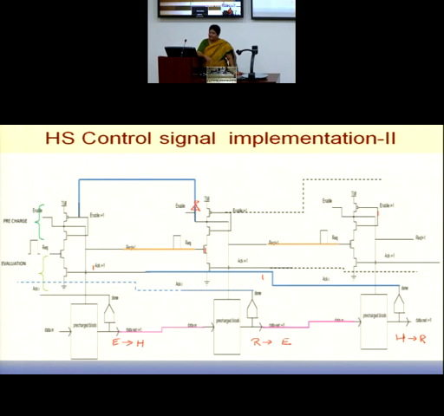So regarding this pipeline, we have 3 more things to understand, because pipeline does not work in isolation. You need to have a clock distribution. You need to have a clock generator. And you need to design the flip-flops.